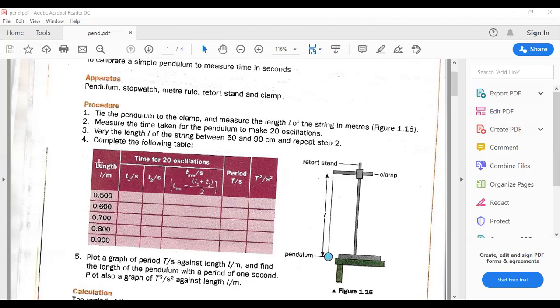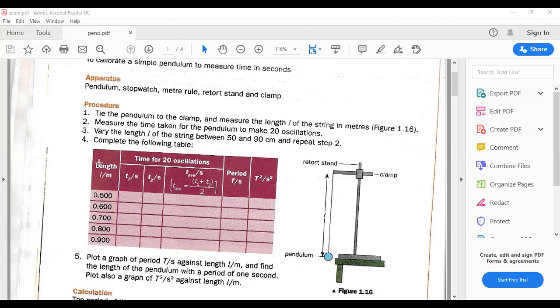We will take 20 oscillations. Okay. And how are you supposed to take 20 oscillations? We'll move the pendulum and we will record the time using a stopwatch. Okay. And how would we know that 20 oscillations have occurred?